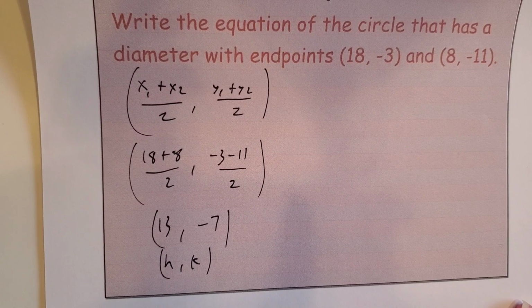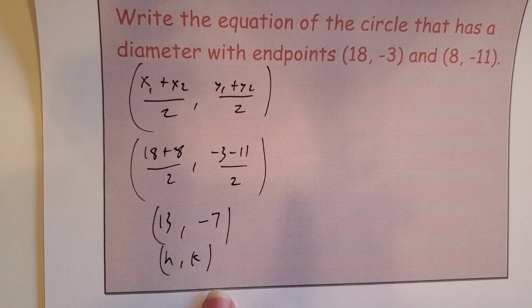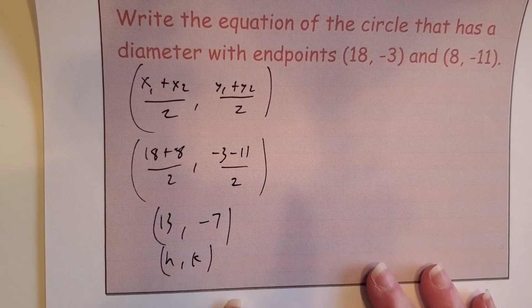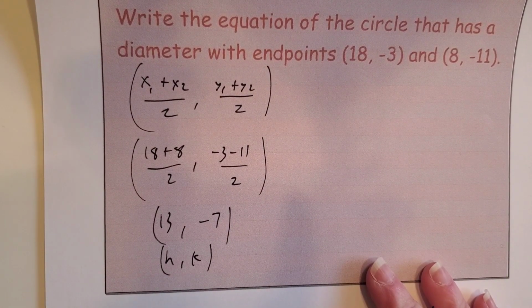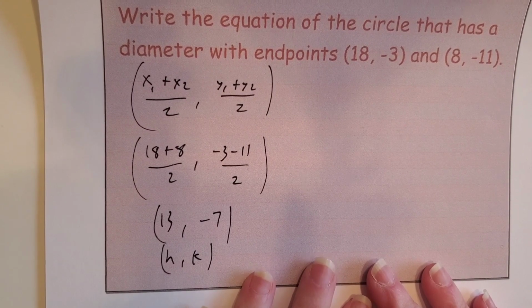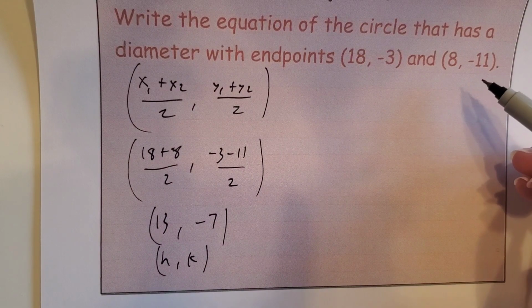Again, hold on, let me get my thoughts together. You have your center. We still need the radius though. And similar to last time, the distance from the center to any point on the edge of the circle is going to be your radius. So now you have 2 points that are on the edge of the circle.